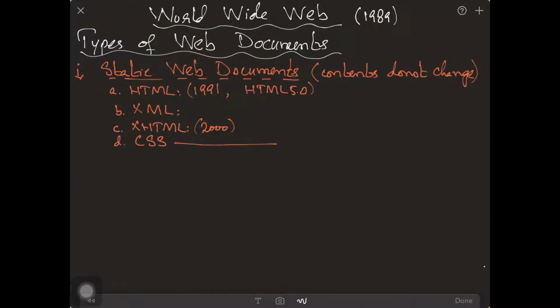We can apply styles to elements using three types of CSS. The first is known as inline cascading style sheet. The second is internal, and the third one is external.